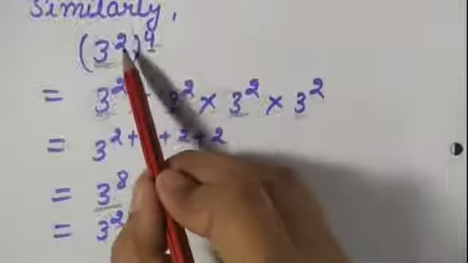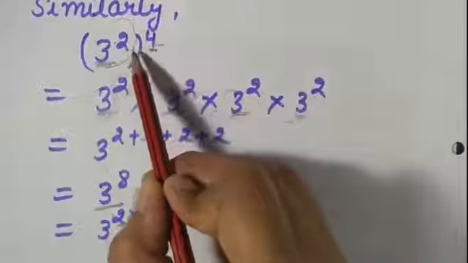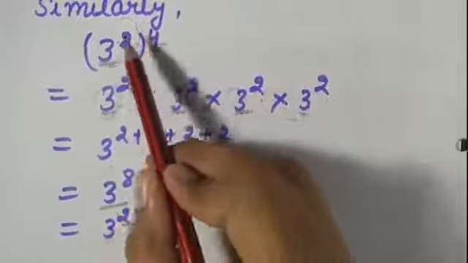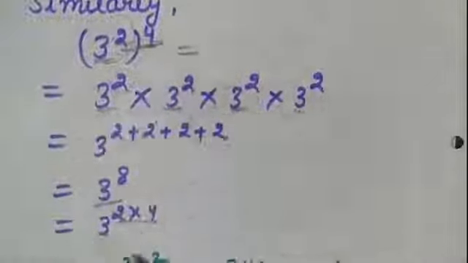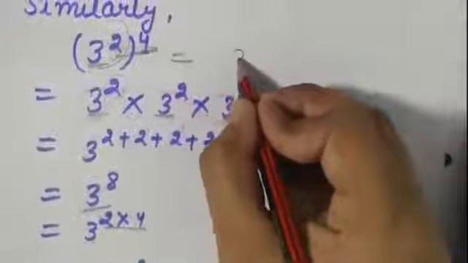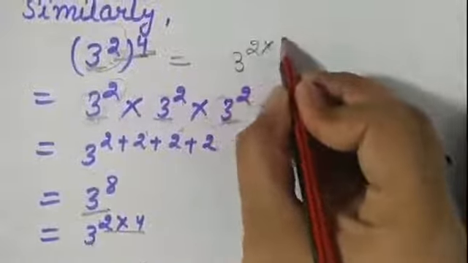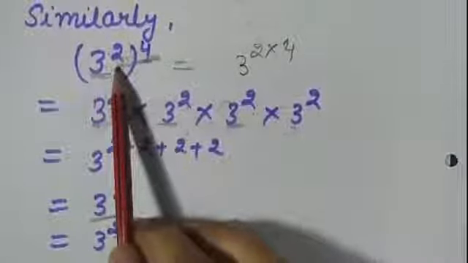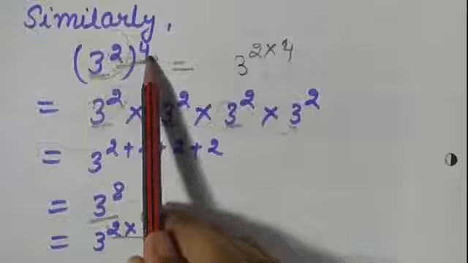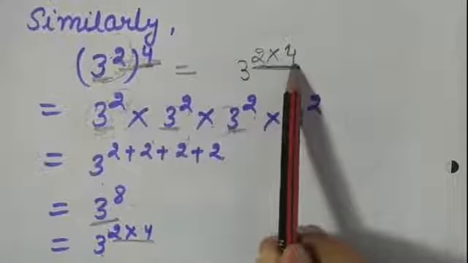What we are observing is that if we have power to the power, then the powers get multiplied. I have explained this with the 2 examples I have taken.